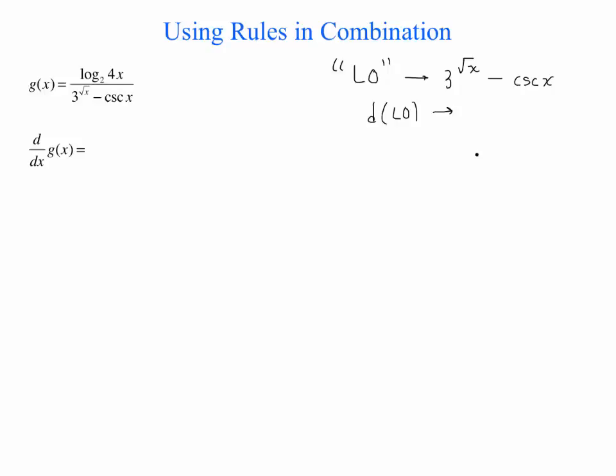Okay, so we're going to do the rate of change. We're going to put the pieces together. We're going to do all the pieces first. We know we're going to need the rate of change in the denominator, or d low. We know we're going to need the rate of change in the numerator, or d high. And then after we have those, we can set up the quotient rule. So we're going to think big picture quotient rule, and we're going to get our parts first and then set that quotient rule up.